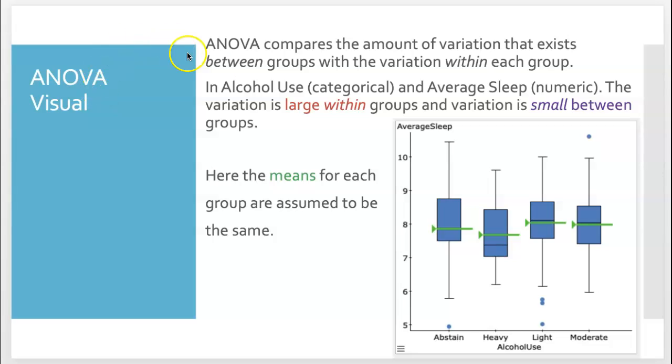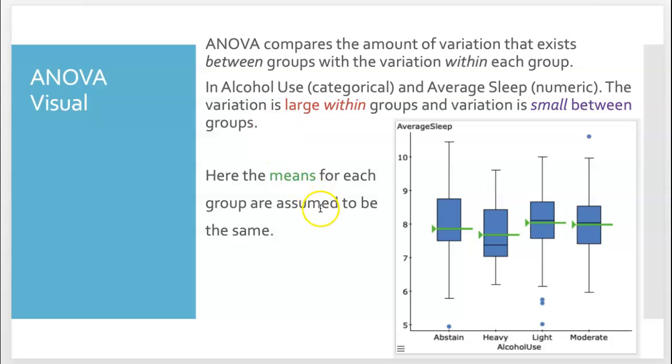each group. In this example, I go back to the sleep study, where alcohol use is categorical and average sleep is numeric. The variation is large within groups and the variation is small between groups.